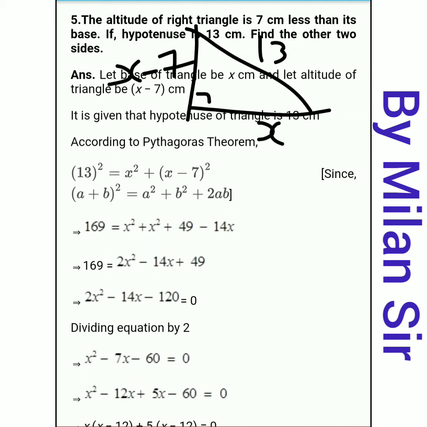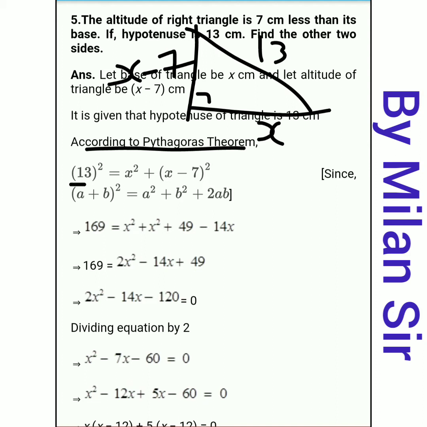So we can use the Pythagoras theorem here. Now what is the Pythagoras theorem? Square of hypotenuse is equal to the sum of squares of the other two sides.